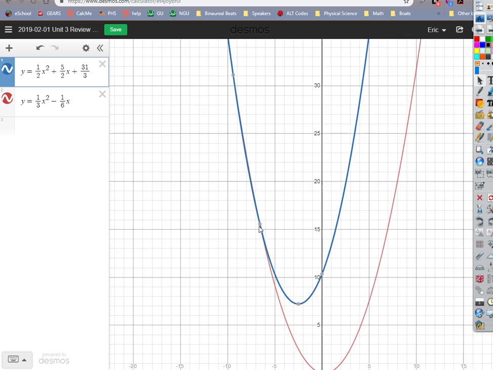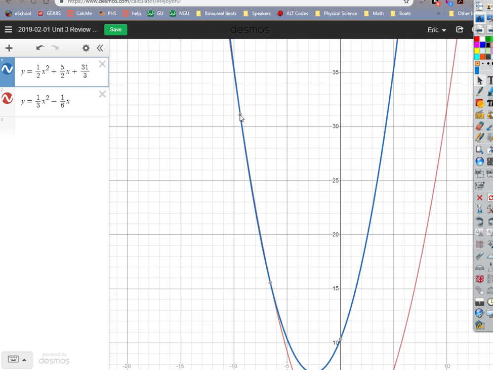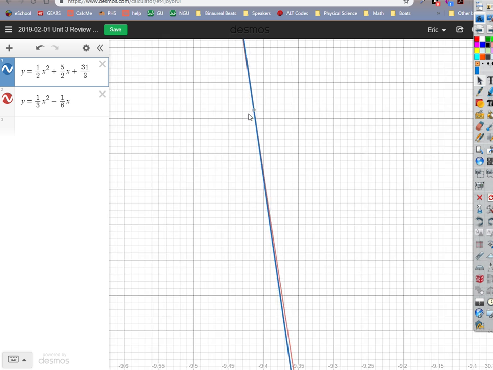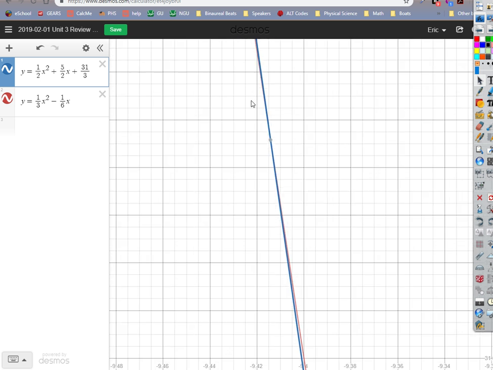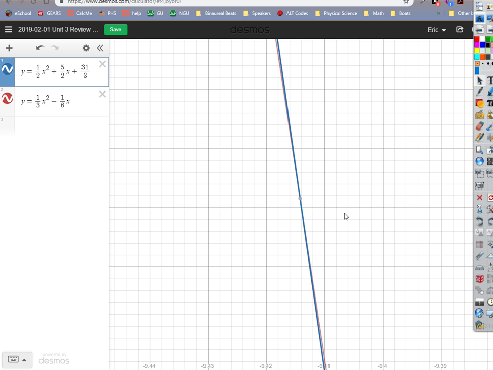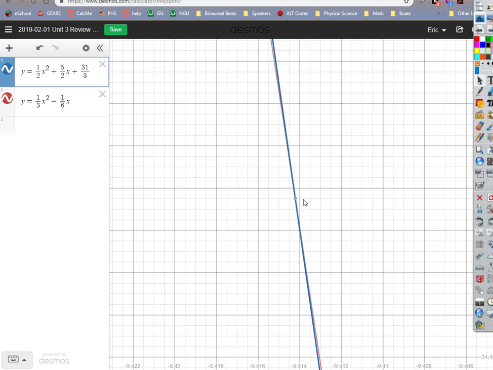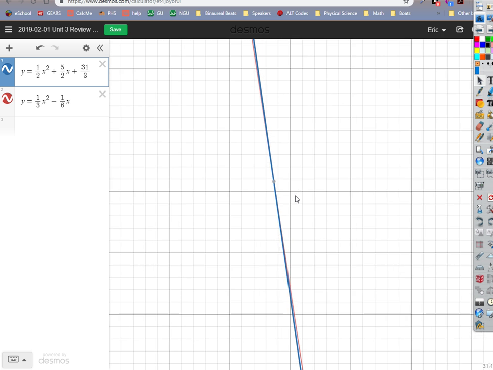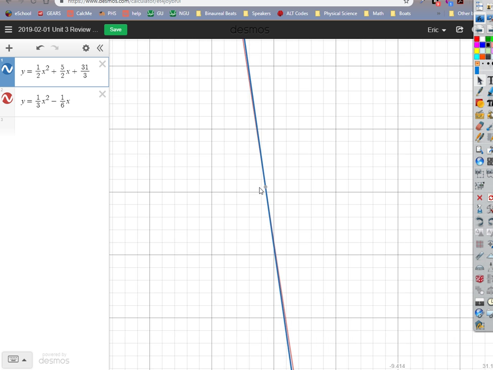And I could zoom in on this one if I want to, until I prove to myself that that one also is. Well, I got to really zoom in, don't I? Keep it going. Oh my goodness. There, finally I'm starting to be able to see that that's a point of intersection, right? Yes. But did I need to do that? No, did not.